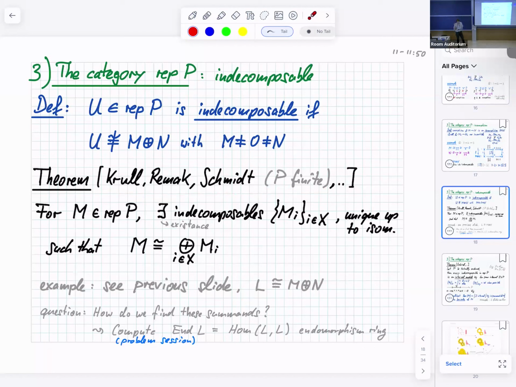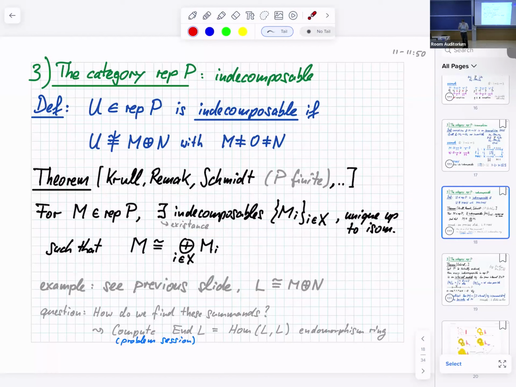We have the following result. Whenever you give me a representation M, then there is a family of indecomposables, M_i, indexed over some index set X, such that the given module M is isomorphic to a direct sum of these indecomposables.